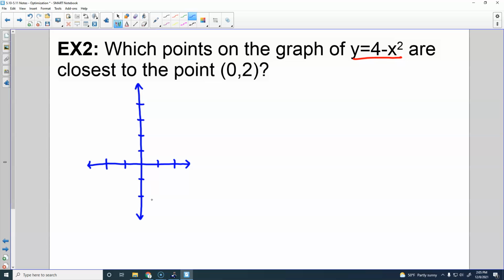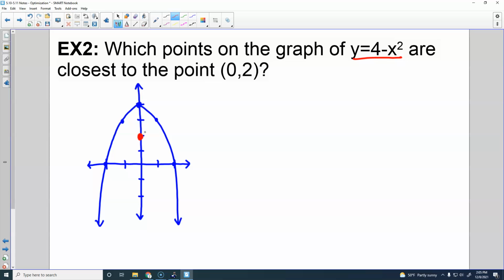Not necessarily, because they're asking you the distance, which, like what we've got here, we've got an upside down parabola with a vertex at 4. So it looks like this. And they ask us about the point (0, 2), which is right here.